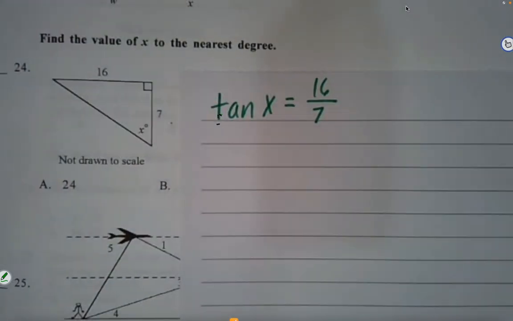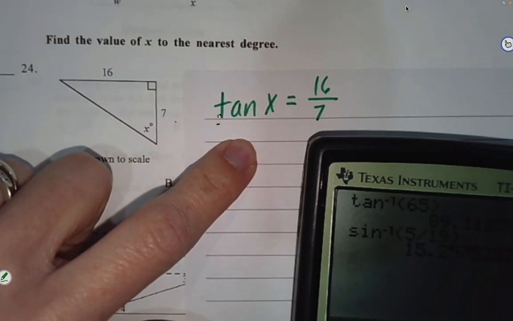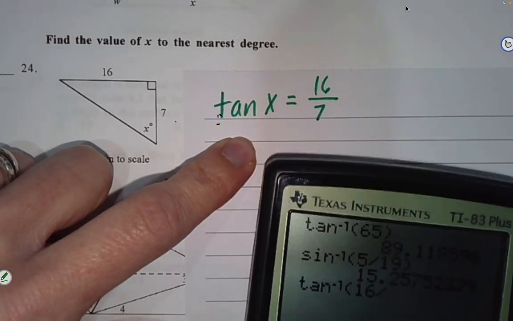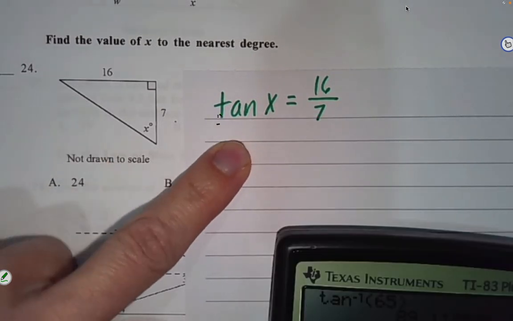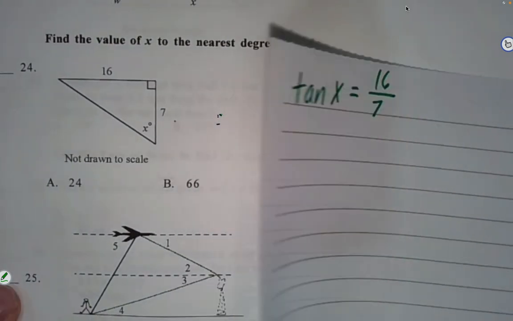All you have to do, since you're looking for the angle, is press the second button or the inverse button. So second tangent of 16 divided by 7, and it gives you 66.4. So your answer for number 24 is B, 66.4.